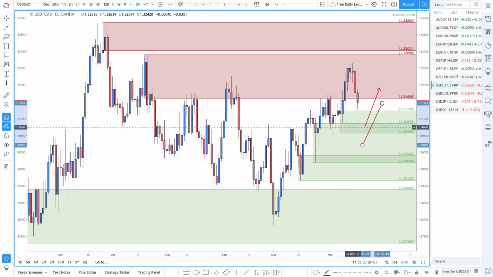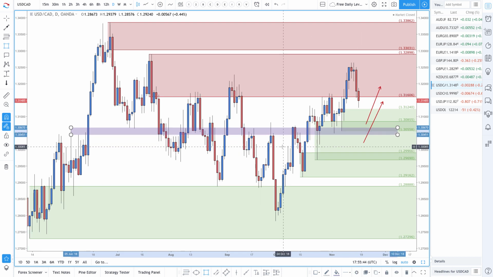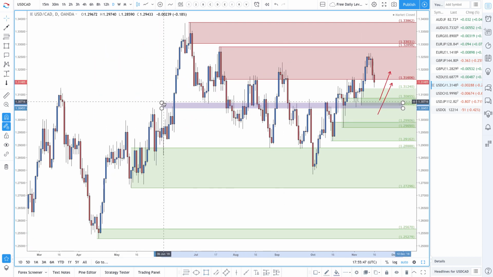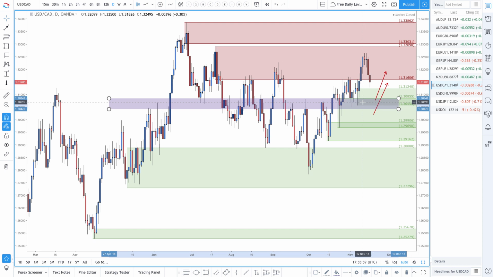So we know that higher highs, higher lows are being made, so these are areas of value. But where are other traders likely to also buy? From a technical analysis perspective, you're going to have an area of support and resistance within this area here. You can probably see it around here, an area that has been used in the past.